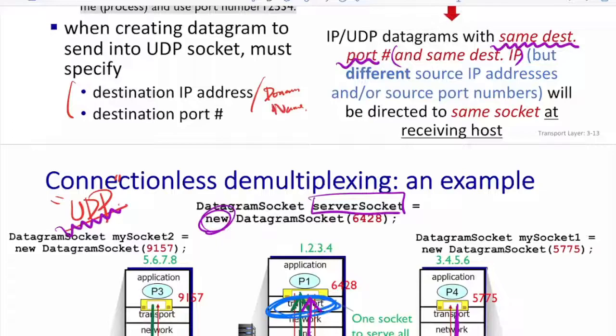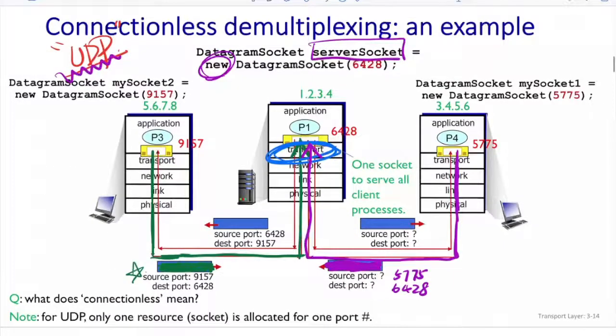IP UDP datagrams with the same destination port and the same destination IP will be directed to the same socket, okay? Look at the blue part, but different source IP address and or source port numbers. It really doesn't matter what is the source IP or the source port used in this packet, as long as the destination port is the same. So the socket will be the same.